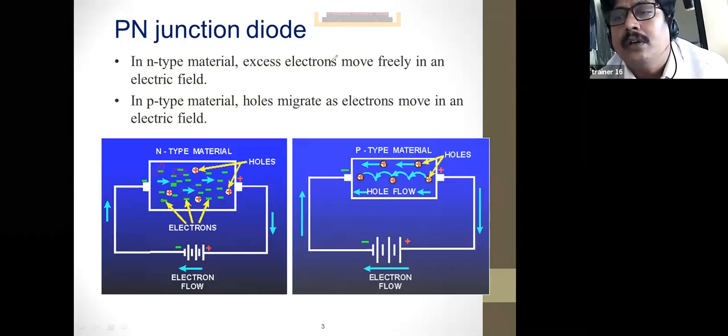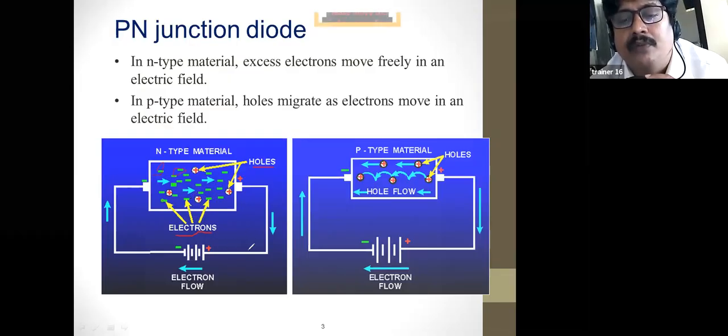And see here, these plus are the holes. This is the holes, right? And these are the electrons. In the N-type materials, electrons are the majority carriers. Means if you see in this block, there is a greater number of electrons, and here some holes are there. The holes are nothing but positive charge.